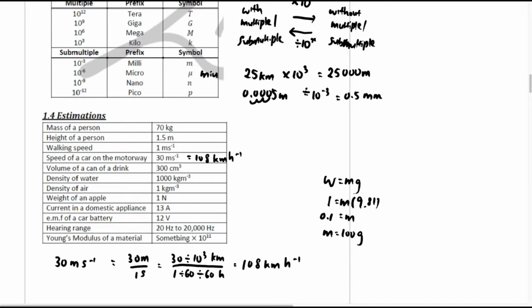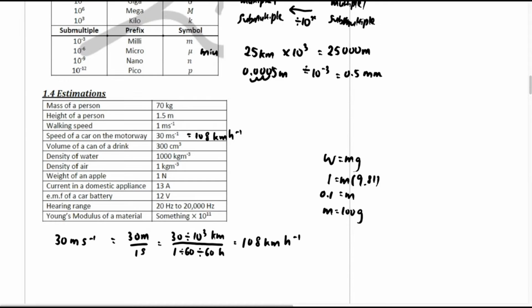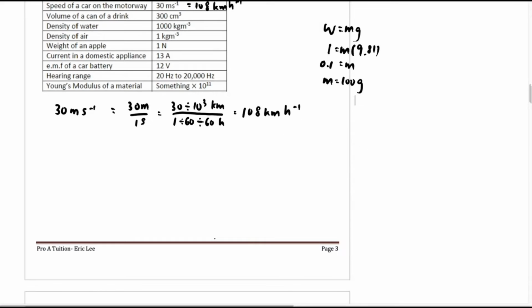But no matter what value this is, it is around 10 to the power of 11. You will learn Young's modulus in detail later. Now it's just roughly first. Okay, then let's continue.